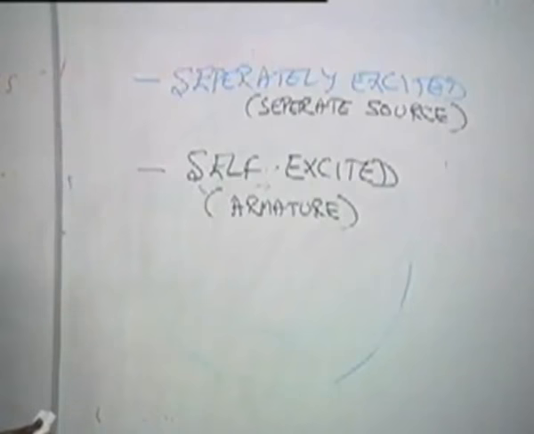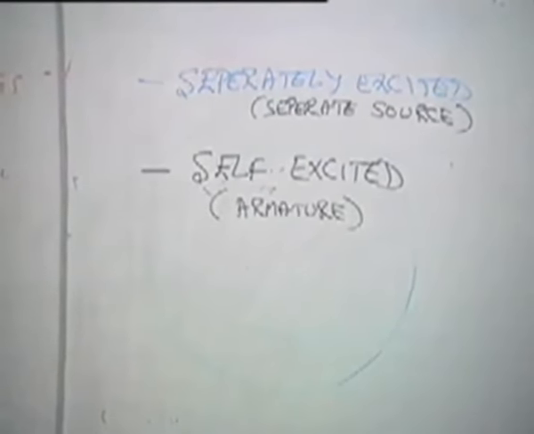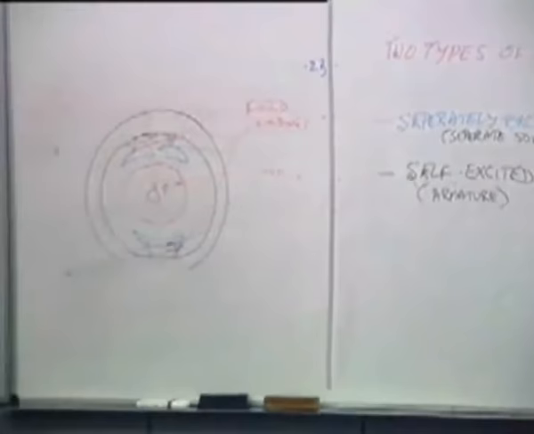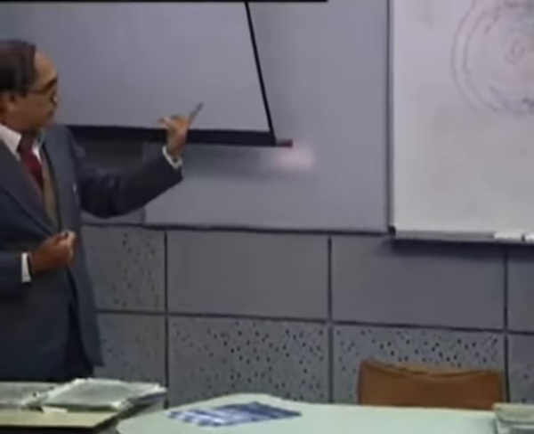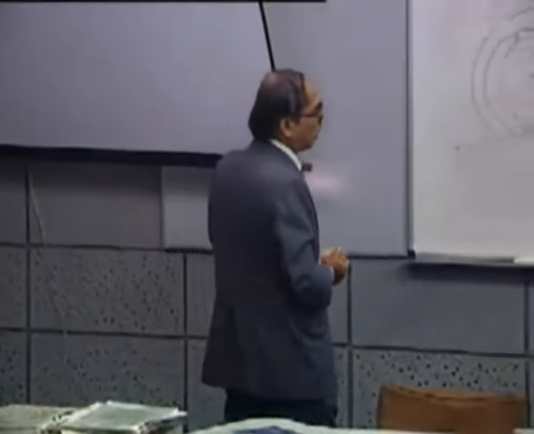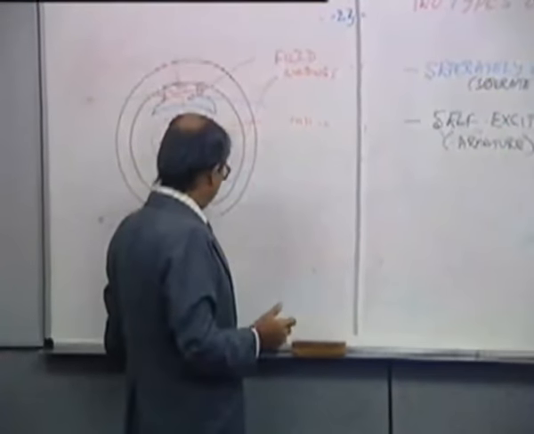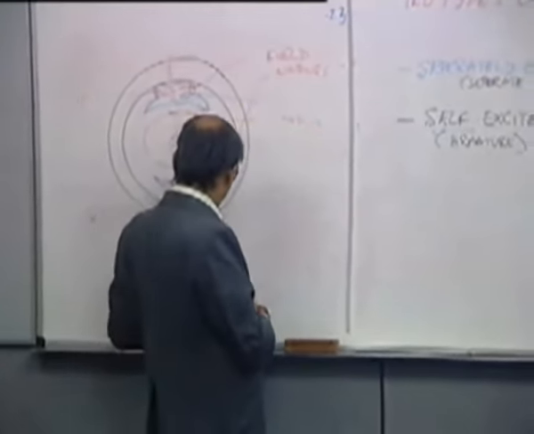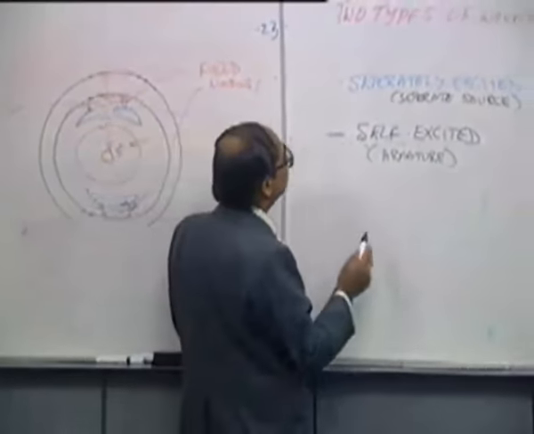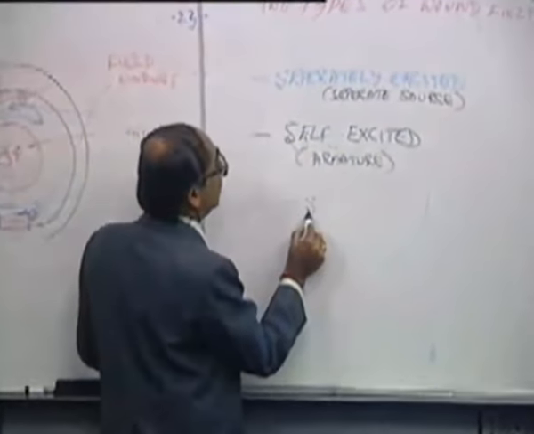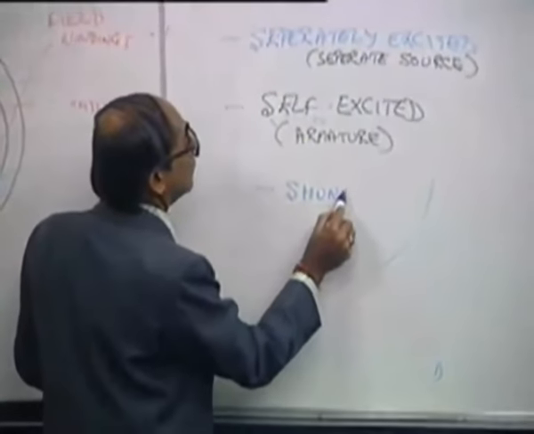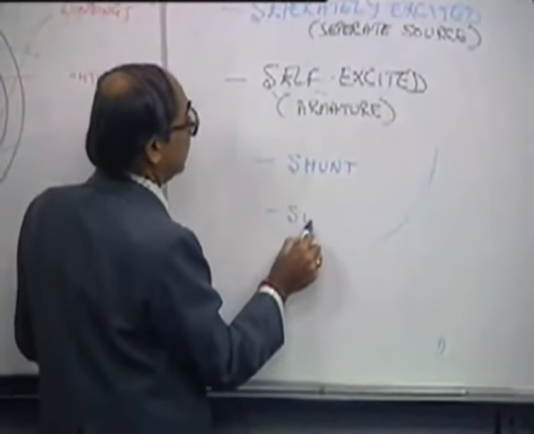So there is a difference in the type of connections, and separate excitation is from a separate source, and in self excitation we have broadly two types. There is shunt excited and series excited.